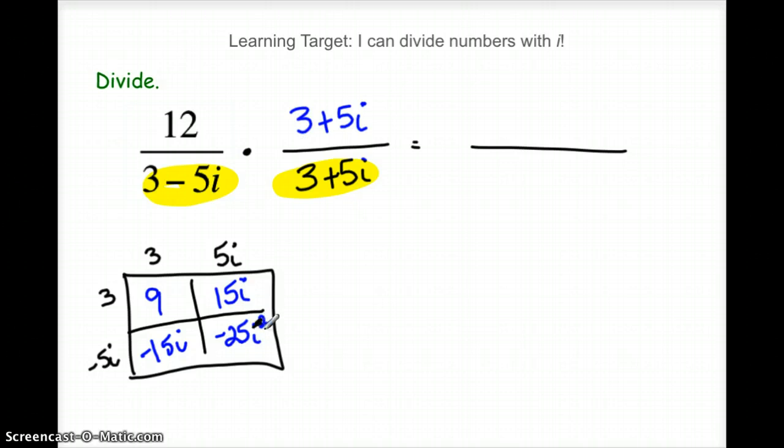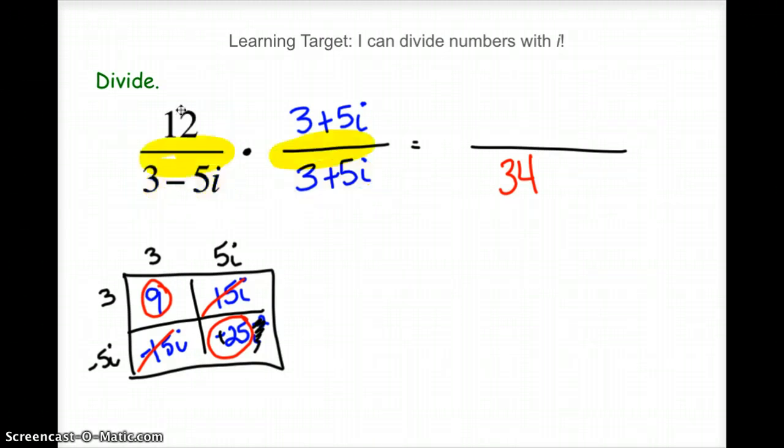But I scribble those out and I change it to a positive. So we're going to add the 9 and the 25, and that would be 34. And then these guys are going to cancel, just like the radicals canceled. We multiply by the conjugate because we know that will cancel the i for us. So that takes care of my denominators.